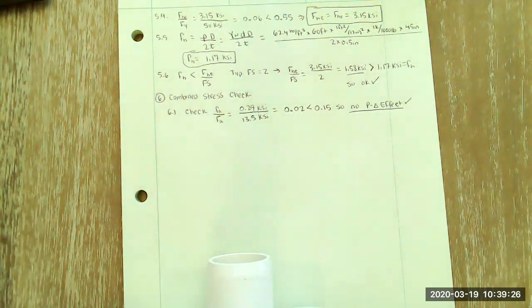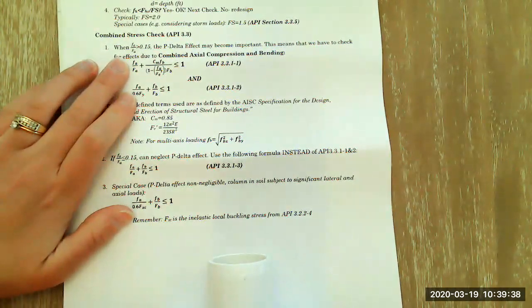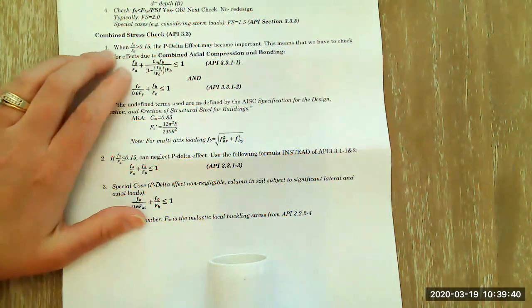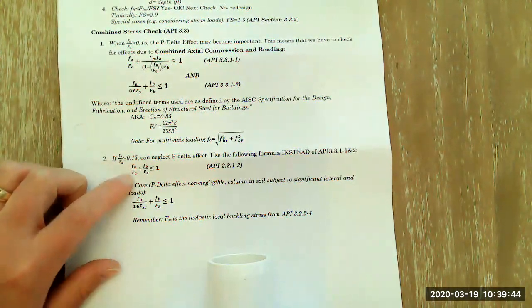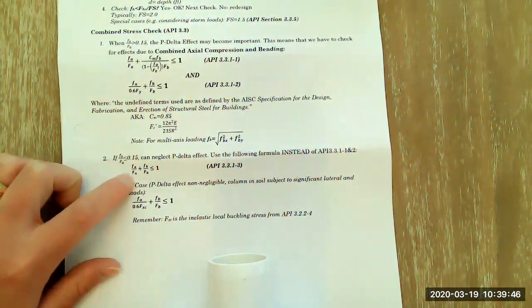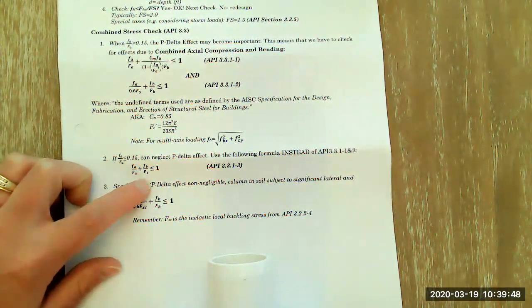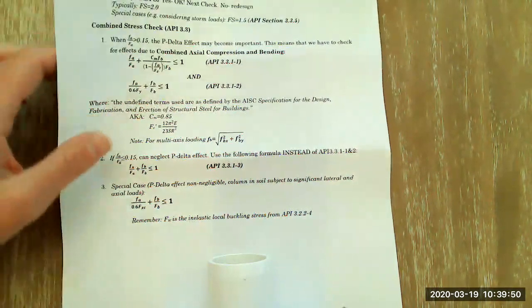which is good because consulting the Cliff Notes, that means that we only need to do one check. So again, we have these 3 different situations. If the P delta effect is important, if this value is greater than 0.15, we have to do 2 checks. If not, we only have to check that the ratio of our actual to allowable axial and bending stresses added together are less than 1.